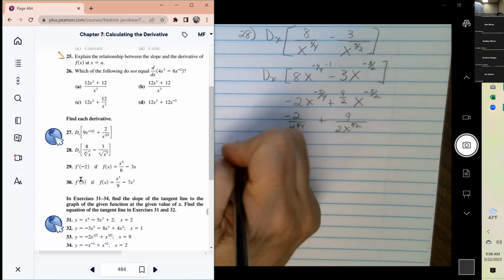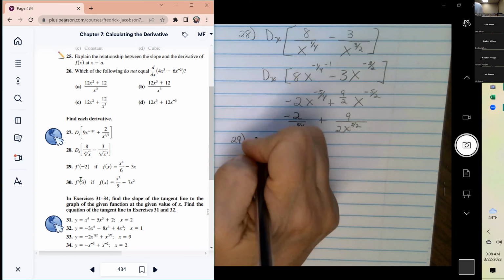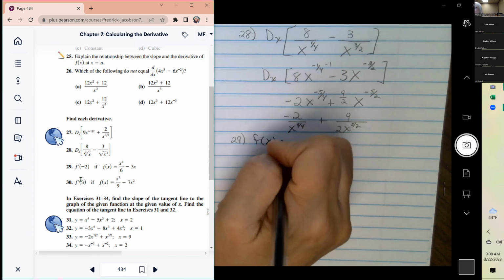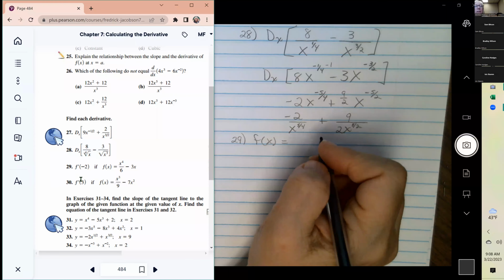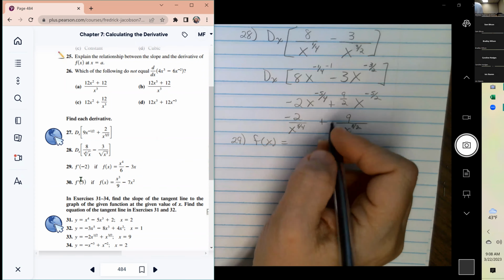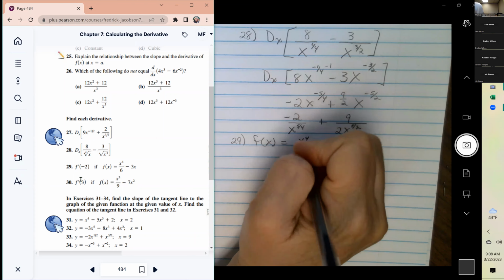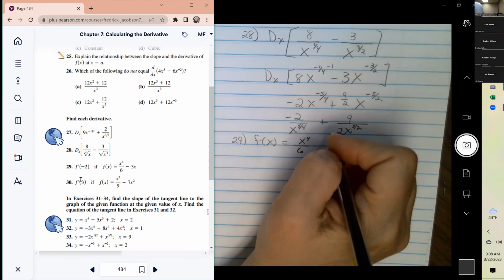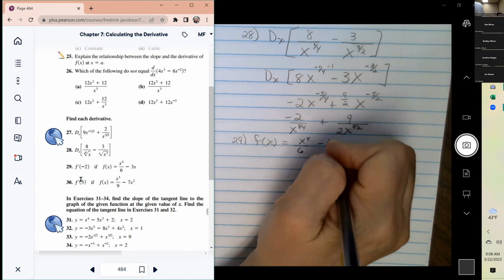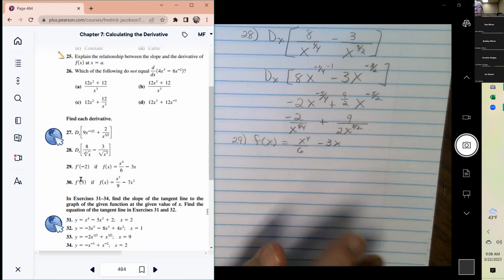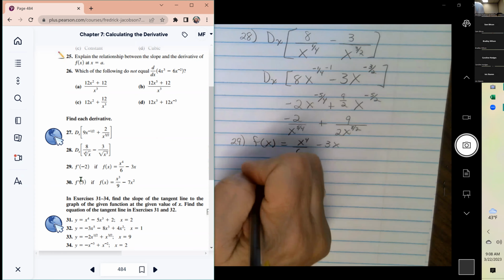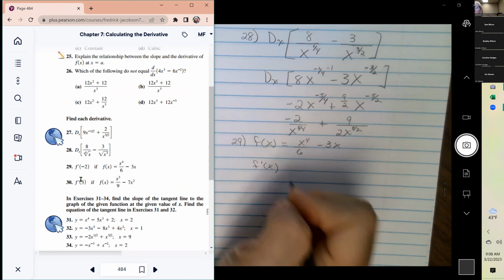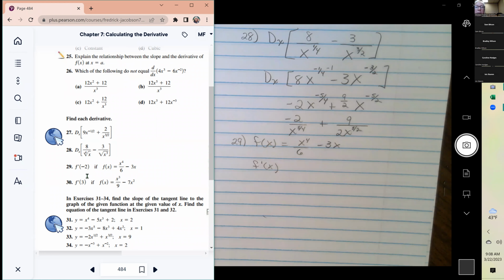So for 29, f of x equals x to the 4th over 6 minus 3x. So what you first want to do is find the derivative and then plug the -2 in.